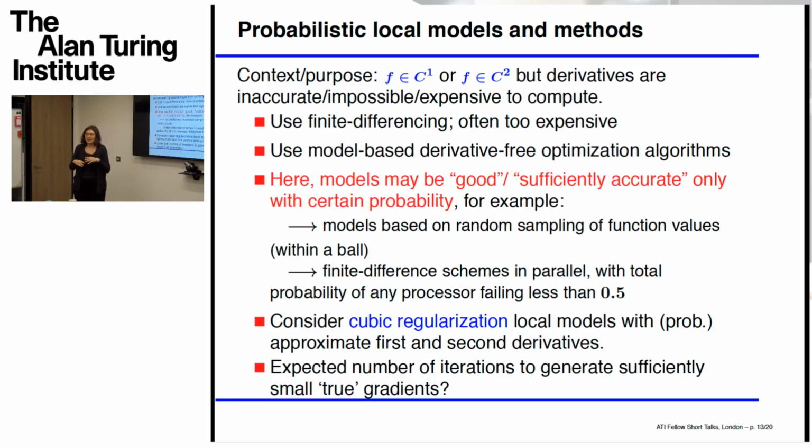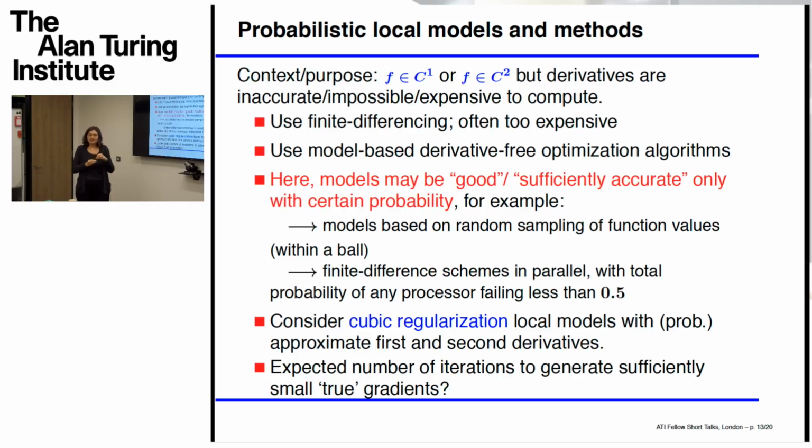I said that for non-convex optimization, we want to approximate things with simpler models at each iteration.